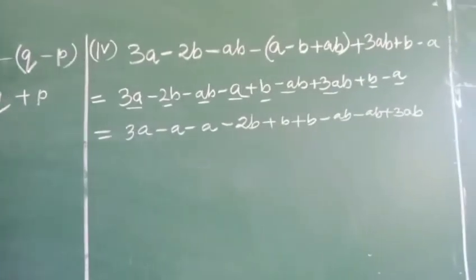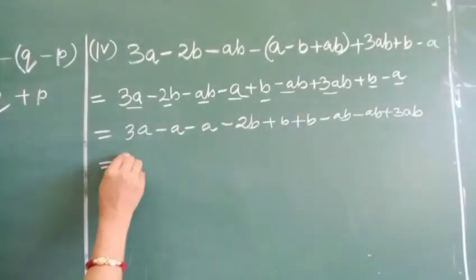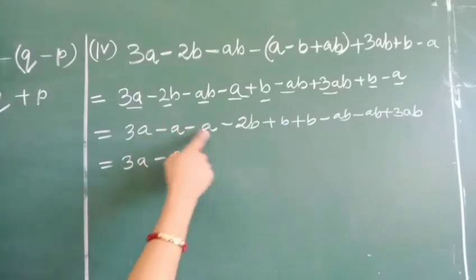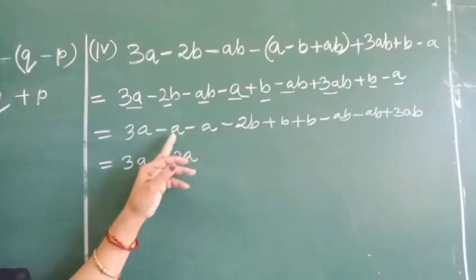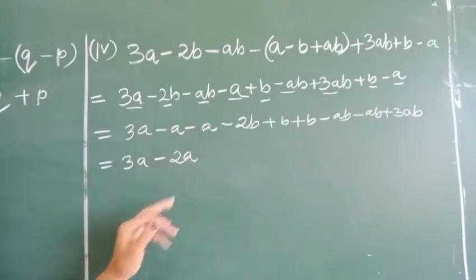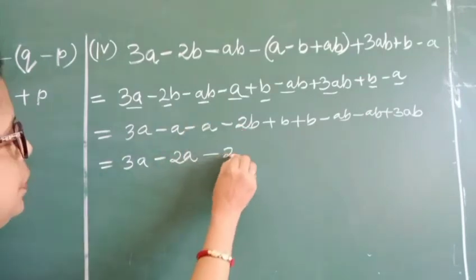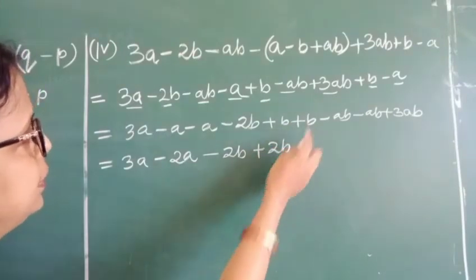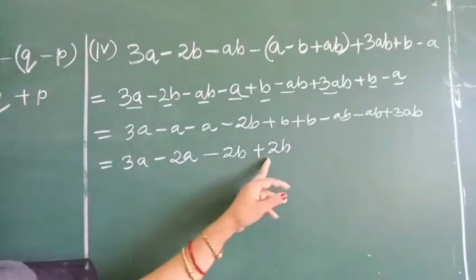Now after that, 3a minus a minus a, because they both have the same sign, we need to add them: 1a plus 1a, and then minus 2a. Next, minus 2b plus b plus b, because we are adding them, the available sign I have given in front.